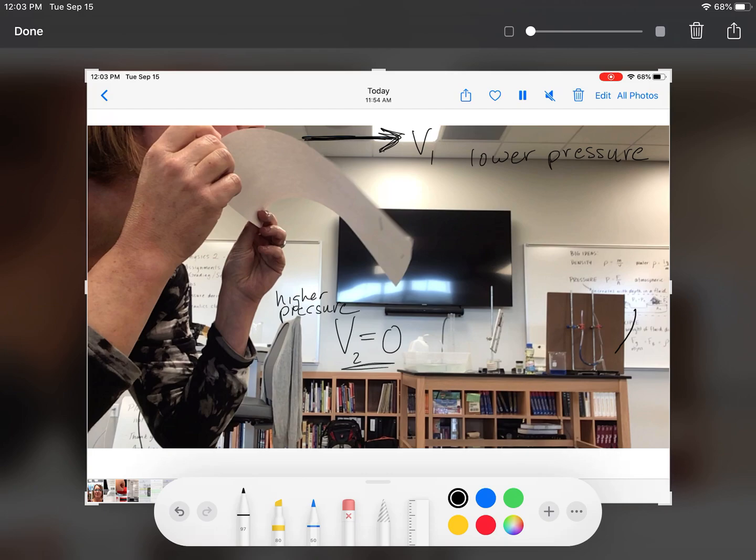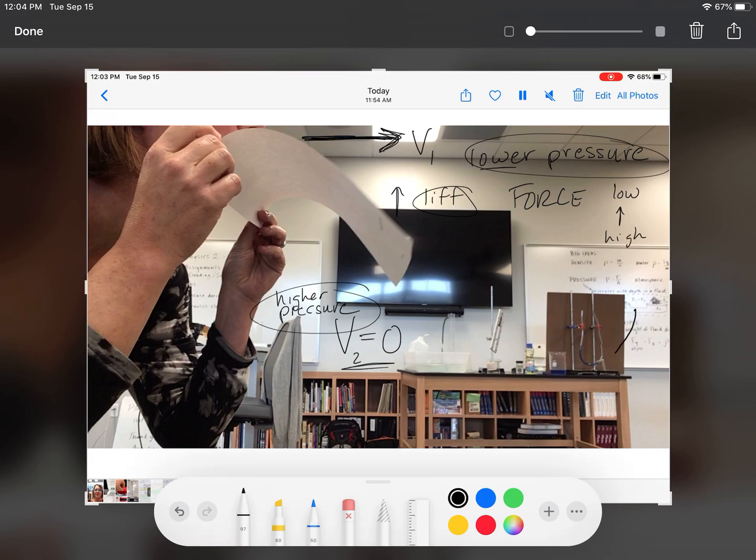And what happens when we have higher pressure below and lower pressure above the paper? The paper lifts. This is called lift. So again, this pressure differential causes lift. And the direction of the force always goes from high to low.